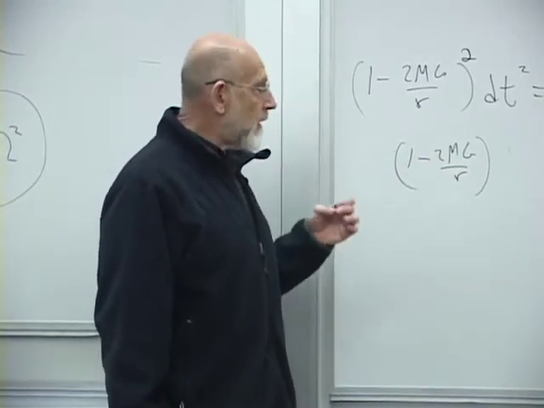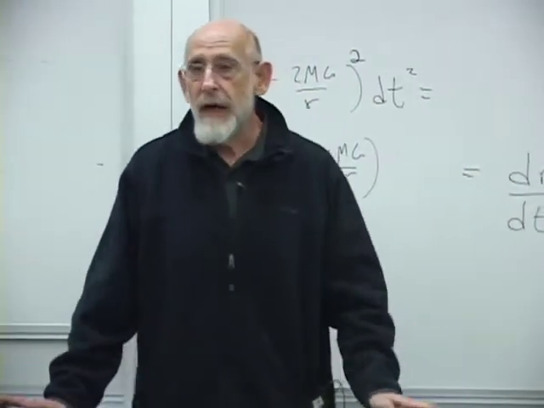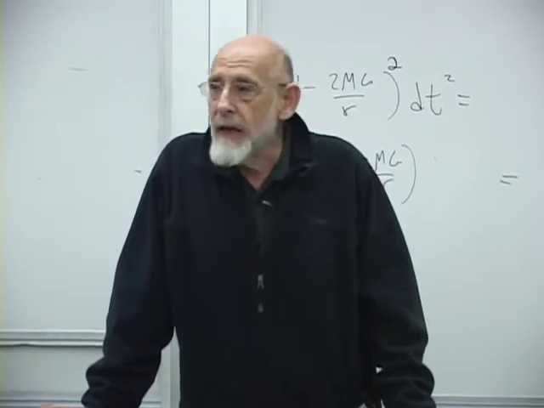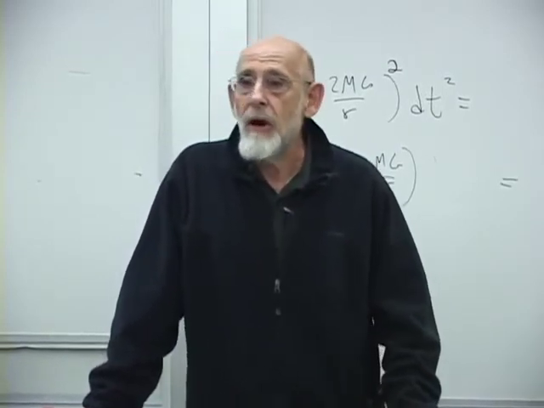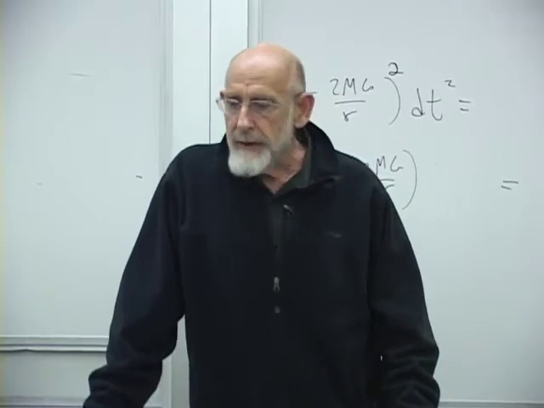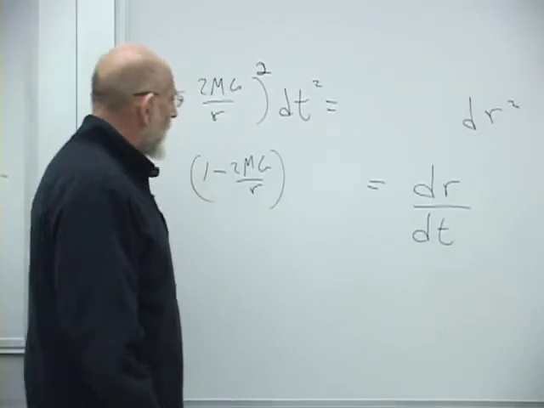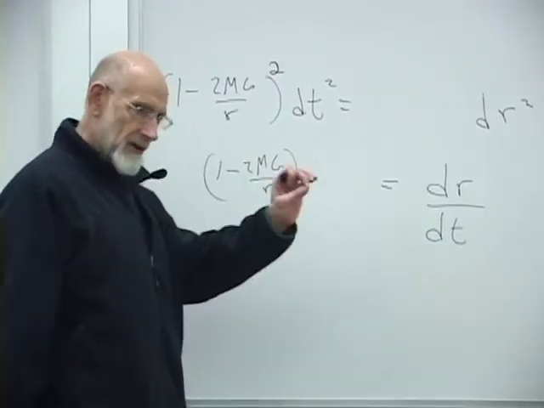So very close to the horizon, the light rays slow down. The closer you get to the horizon, the slower they move outward. And right at the horizon, the light rays don't move at all. They just sit there, static.